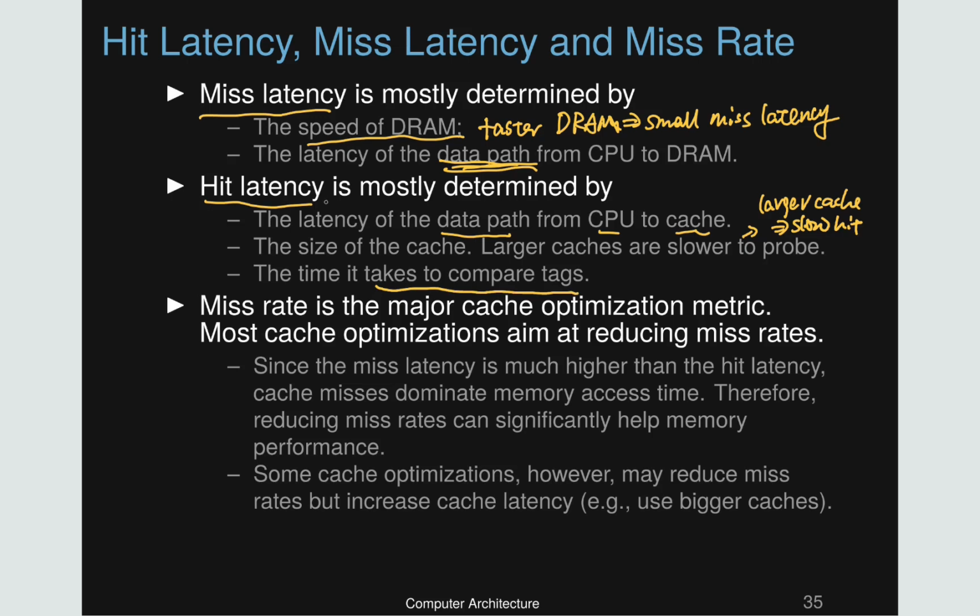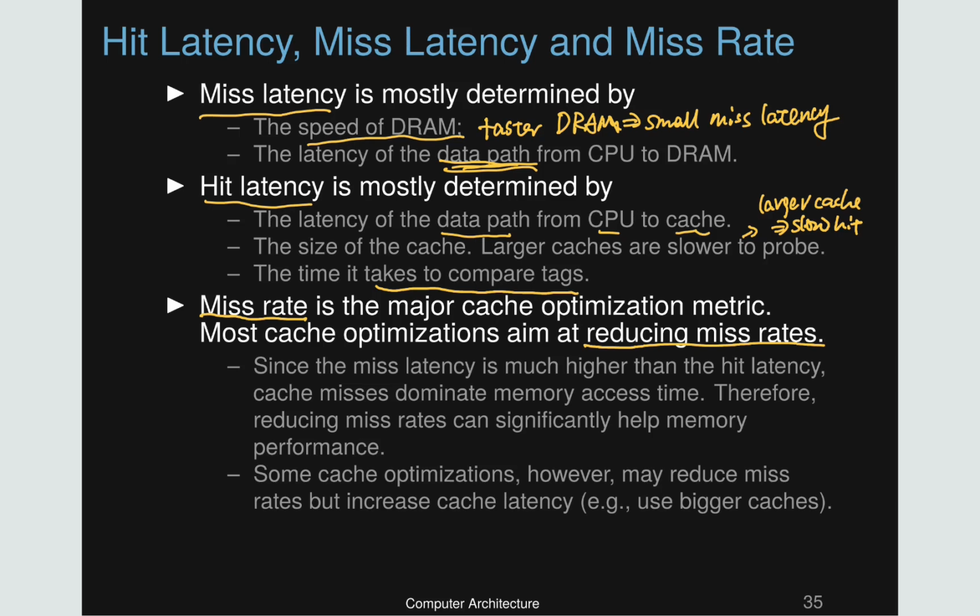Besides miss latency and hit latency, one of the major cache optimization metrics is cache miss rate. The goal is to reduce the cache miss rate as much as possible. The whole goal of designing all these cache placement policies, cache replacement policies, and write policies is to reduce cache miss rate, to make sure that you have as many hits as possible and as few cache misses as possible.